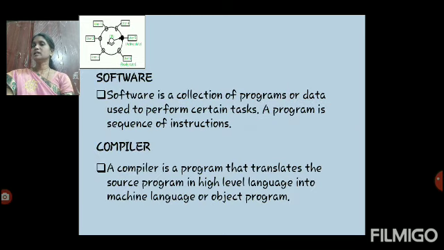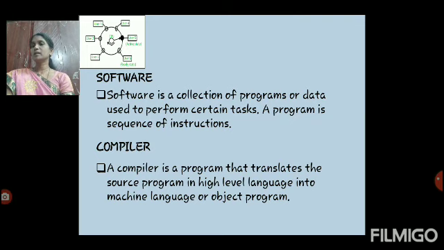And now we see software. Software is a collection of programs or data used to perform certain tasks. Then we see program. A program is a sequence of instructions, and the collection of these programs is known as software, right?